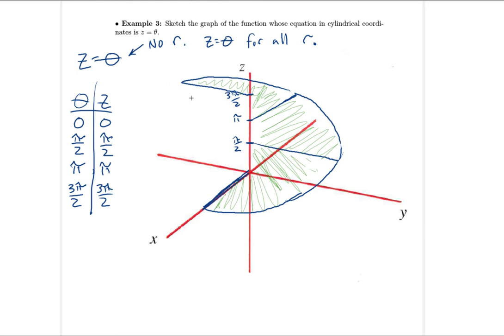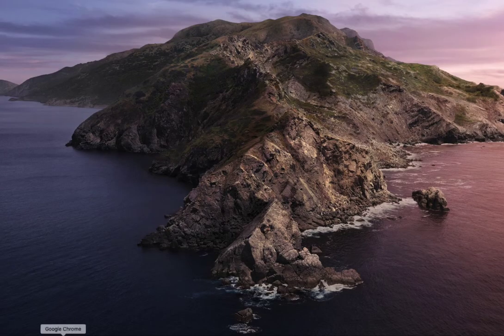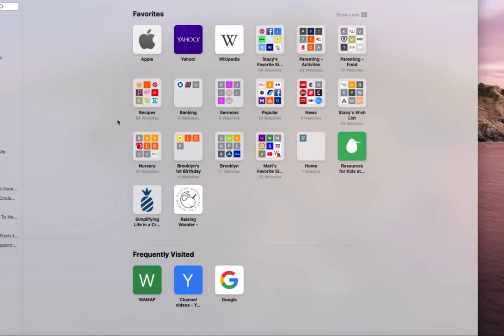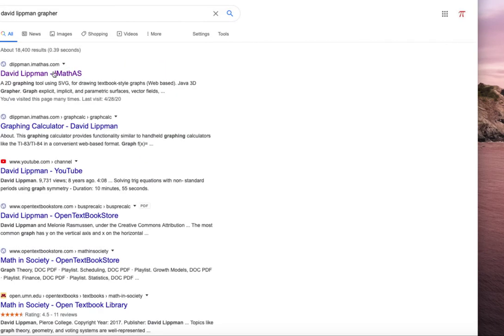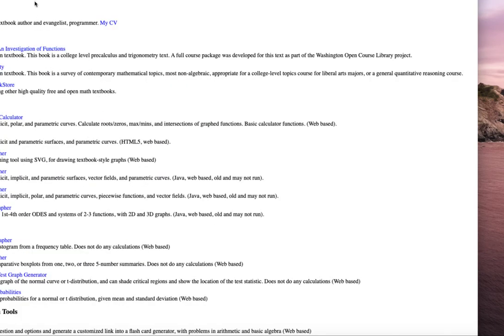Okay. And I can go ahead and, if I want, use, oops, I forgot to get it ready. This won't take long. Use our 3D grapher. And so there's all these options, and what you can do is select z as a function of r and theta.